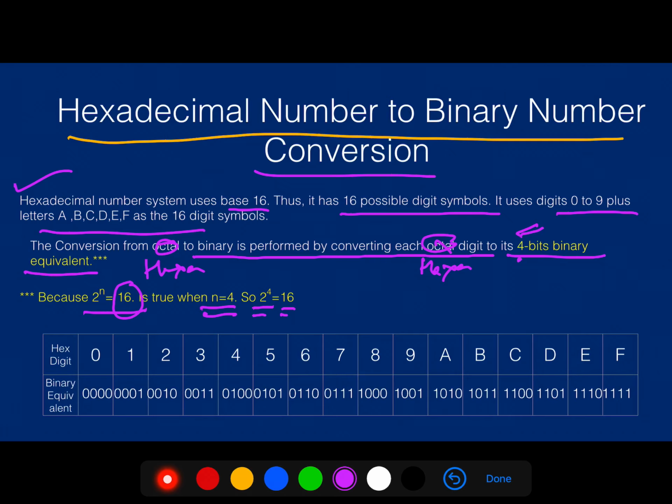So again, for your reference, I have given this table, that is the hexadecimal number and its binary equivalent, which is a 4-bit pattern. Where an extra bit is needed, we will add 0 in front.